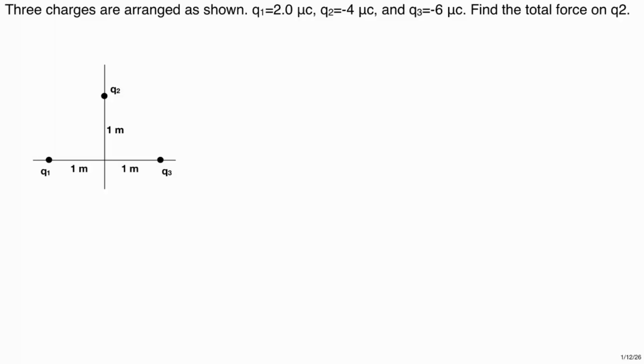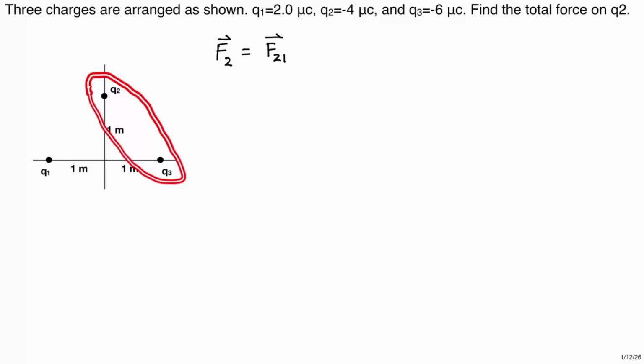We're going to do it by first finding the force on charge 2 because of charge 1. In other words, we are only going to look at this pair. We're going to ignore charge 3 for just a second. We'll calculate that force, and then we'll come along and we'll do this pair.